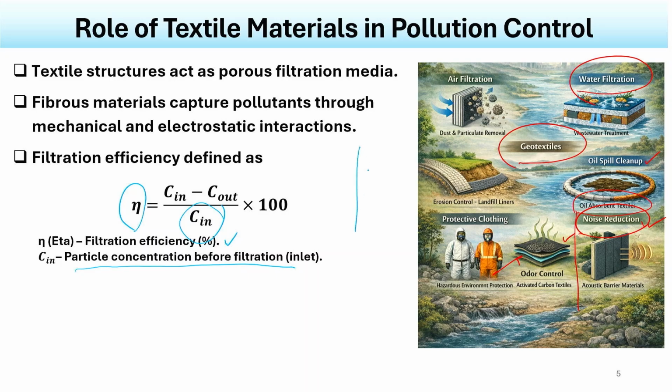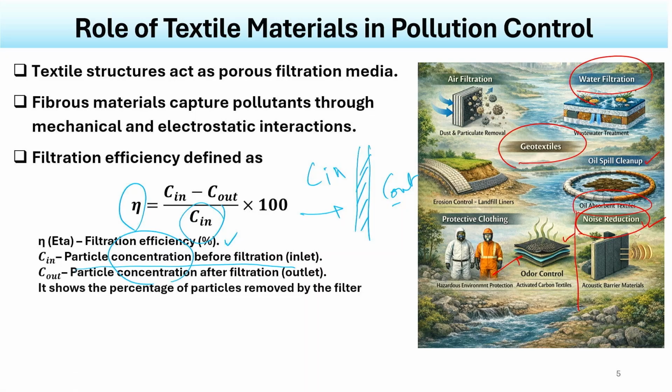So, this is the filter media, and C in and C out. Concentration can be expressed in terms of mass per unit volume or maybe number of particles, which is also normally done, and C out is the concentration after the filtration. So, that is how much percent is removed, that is the filtration efficiency.